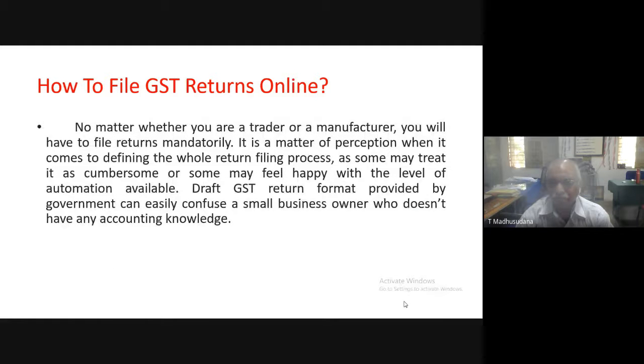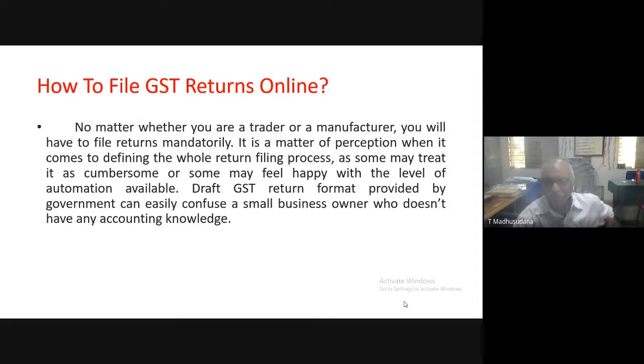No matter whether you are a trader or a manufacturer, you will have to file returns mandatorily. So once you get registration under the GST Act, you must compulsorily file the monthly returns.